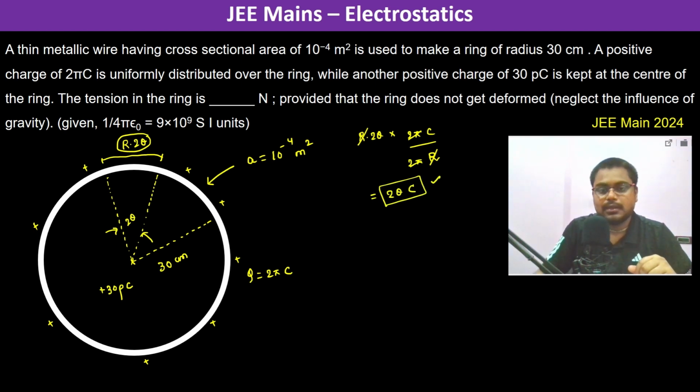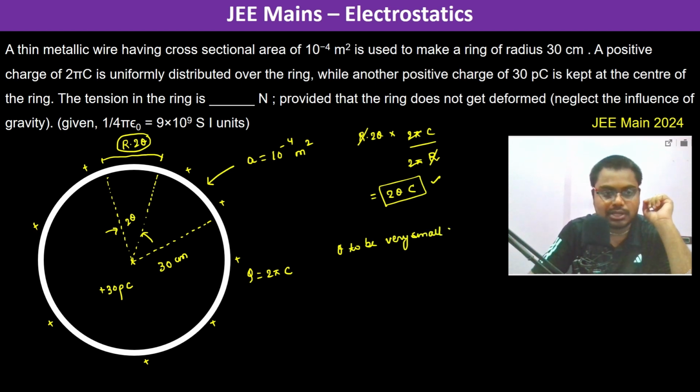Now we are taking theta to be very small, so the entire charge can be assumed to be a point charge, because it's actually very small.